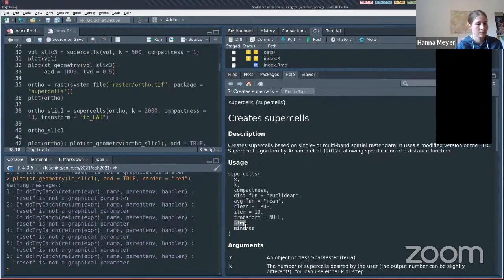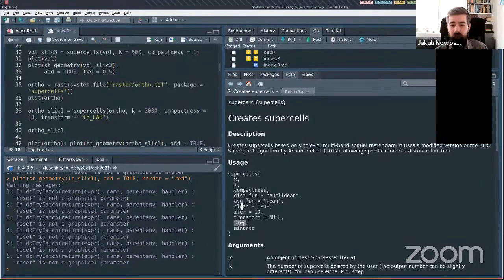There is also a second option, which is an alternative to the K, which is called step. So you can provide the distance between each superpixel. You can still use either K or step to obtain that. But going back to the first part of the question, you can also control the cleaning process.